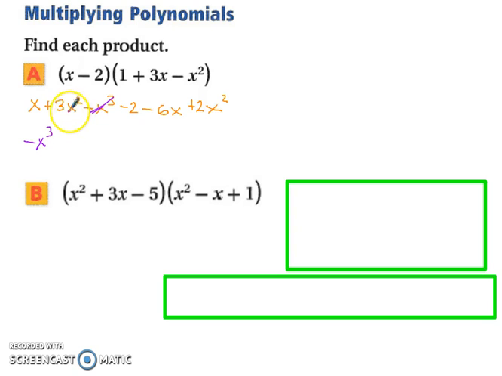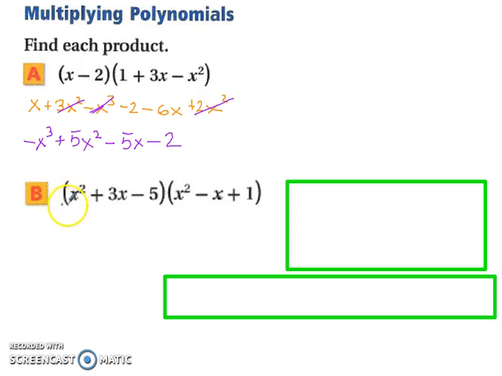So that one's all set. And now we have 3x squared and 2x squared, leaving us with a positive 5x squared. And then we have an x and a negative 6x, which provide us with minus 5x. And we only have one constant, so minus 2.